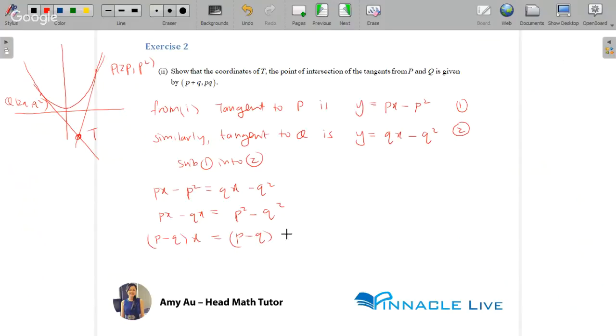Difference of 2 squares. So they cancel. So x is p plus q. Okay. All right. So then for the y coordinate, sub that into one of these equations.